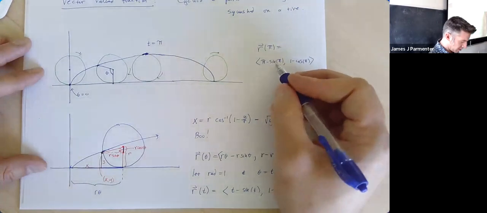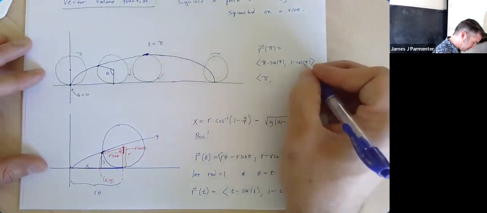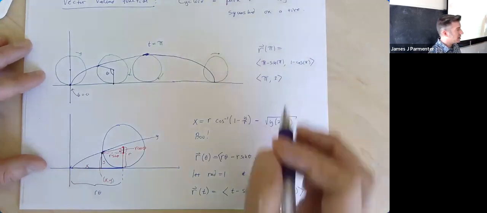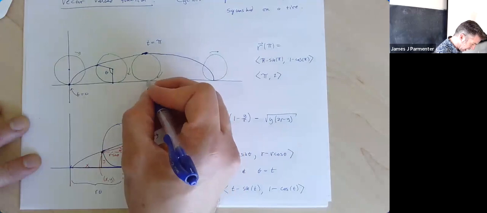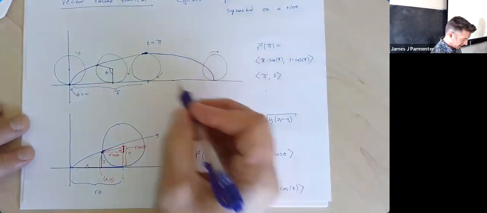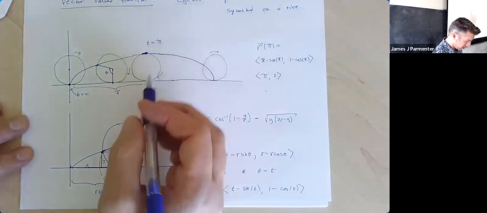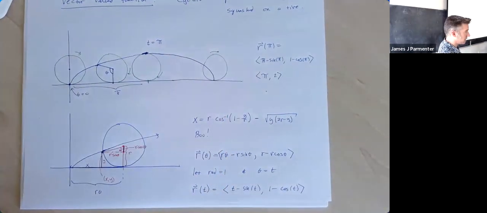Pi minus sine of pi is pi minus 0. And 1 minus cosine of pi is 1 minus minus 1, which is 2. And that makes sense, right? If we go halfway through the length, you're literally going a length of pi, so the x coordinate is pi, and if the radius of the circle is 1, then you're going to be at a height of 1 plus 1, which is 2. So it seems reasonable that that's where we're ending up.